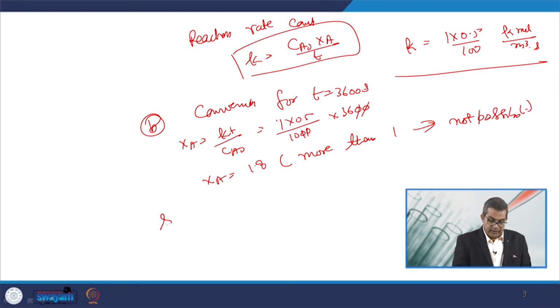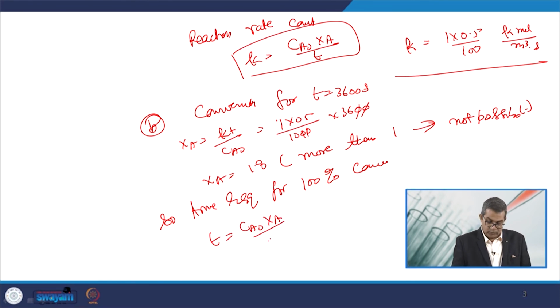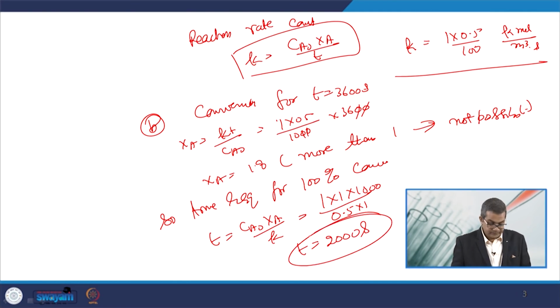So the time required for 100% conversion, t is equal to Ca naught Xa upon K, that is 1 into 1 into 1000 upon 0.5 into 1, so t is equal to 2000 seconds. That means all of reactant A will be consumed or converted into product after 2000 seconds. So conversion after 3600 seconds would be 100%, and that is my answer.